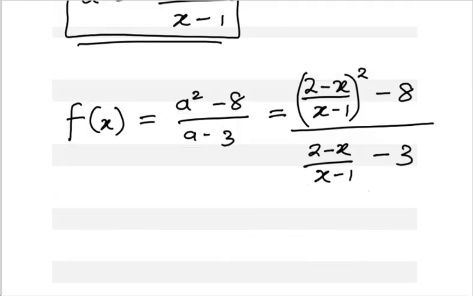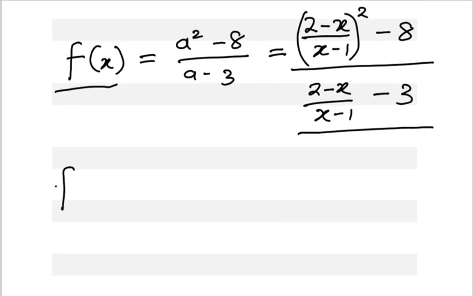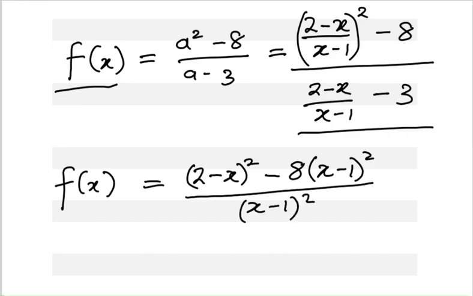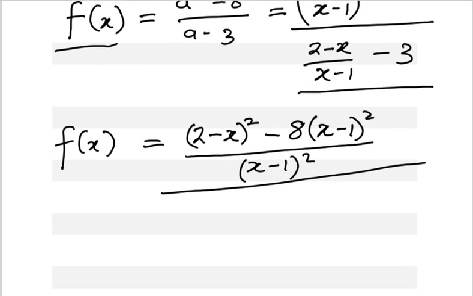At this point, we have our f of x all in terms of x. So let me write it out better. We have f of x is simply ((2 minus x) squared minus 8 (x minus 1) squared) all over (x minus 1) squared, then all over the denominator, which is (2 minus x minus 3(x minus 1)) all over x minus 1.